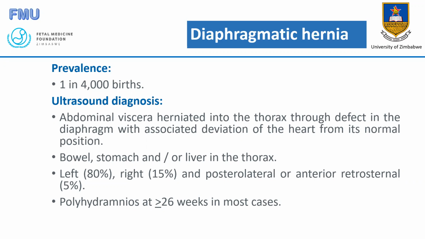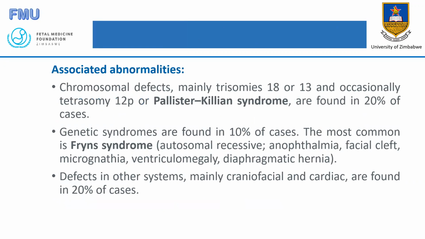Diagnosis occurs after 26 weeks in most cases of congenital diaphragmatic hernia. Associations: chromosomal defects, mainly trisomy 18 or 13, and occasionally tetrasomy 12p, tetrasomy of the short arm of chromosome 12, or Pallister-Killian syndrome, are found in about 20% of the cases.